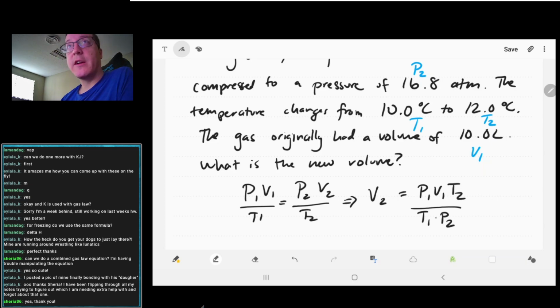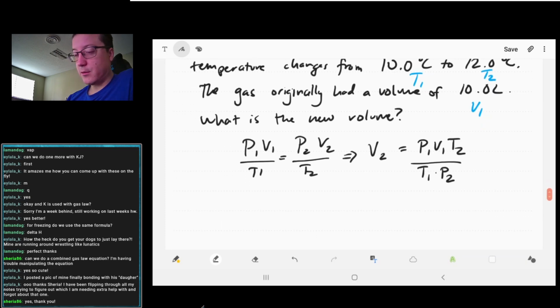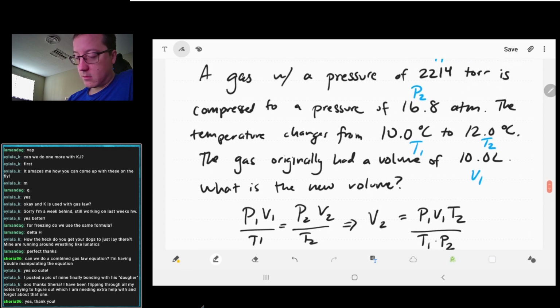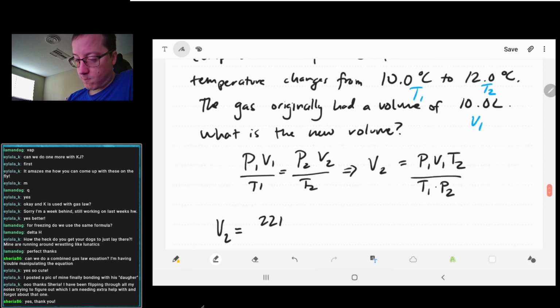But again, you do not have to do that. You could always just plug in your numbers and then solve for V2 at the end. No problem there. Okay, so looking at this, if you were to plug these numbers in right away, it would make me very upset. Why? Why would I be upset?